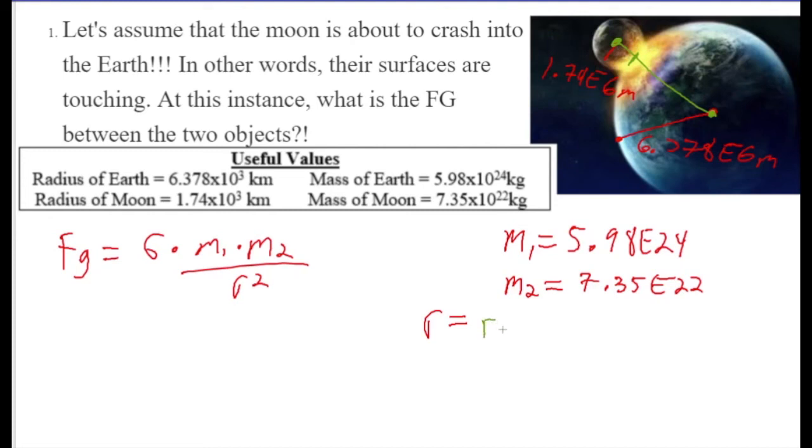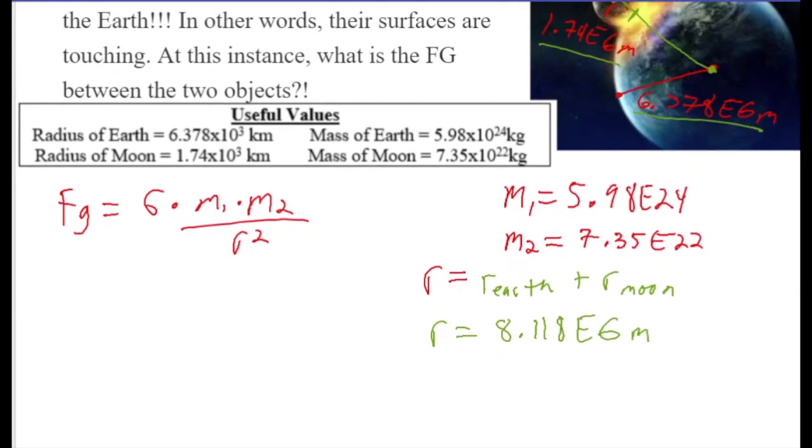So we just need to add these two values together to figure that out. And I went ahead and did that for you guys. And I found out that the distance from the center of the moon to the center of the Earth, assuming that they're about to crash into each other, is 8.118 e to the 6 meters.